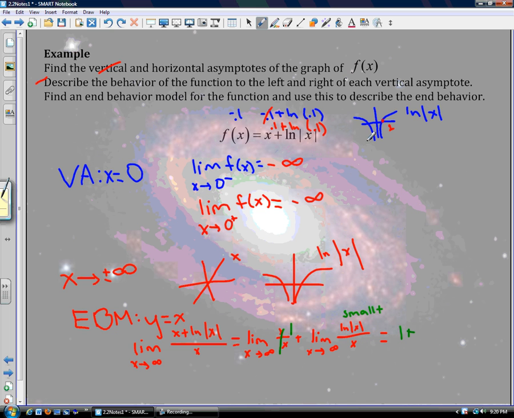If I draw y equals x on the same graph, y equals x is greater than it, so this is a larger positive number. A small number divided by a larger number is just 0, and they're both positive. 1 plus 0 equals 1. Check. Those work as an end behavior model.